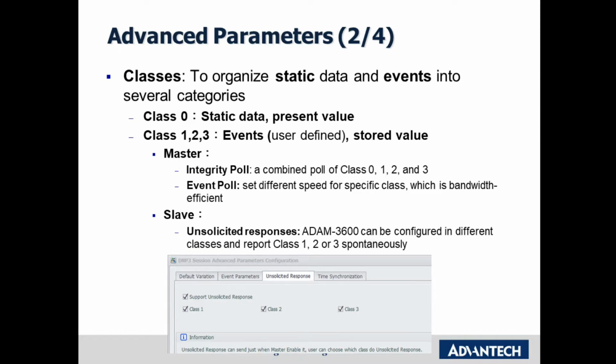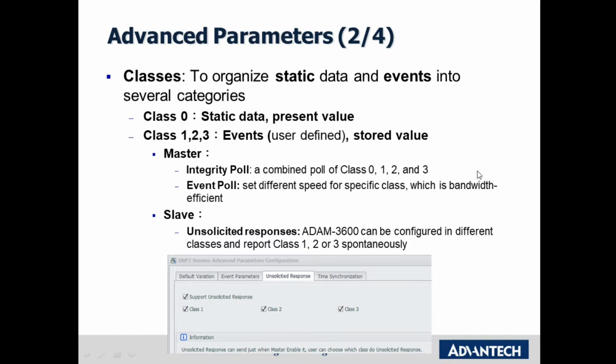The points of most data types may be assigned to one of the 4 classes. If a point is assigned to class 0, the point's present value shall be reported by the outstation in its response to a class 0 poll.